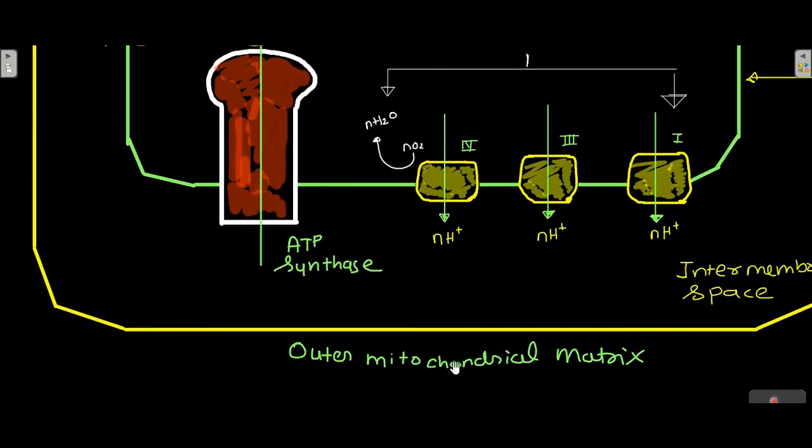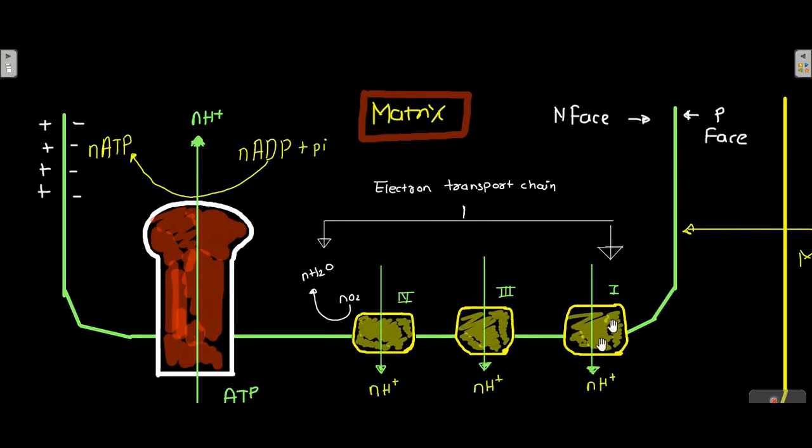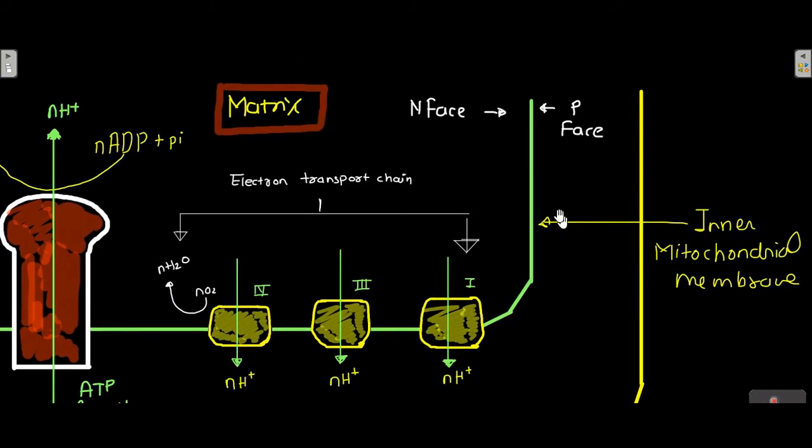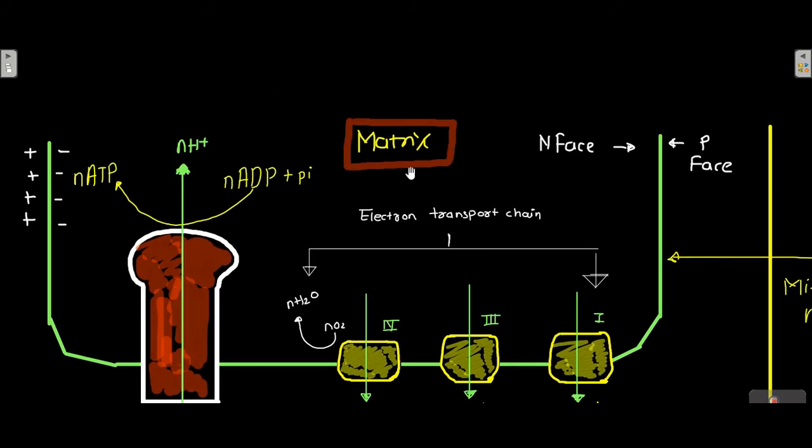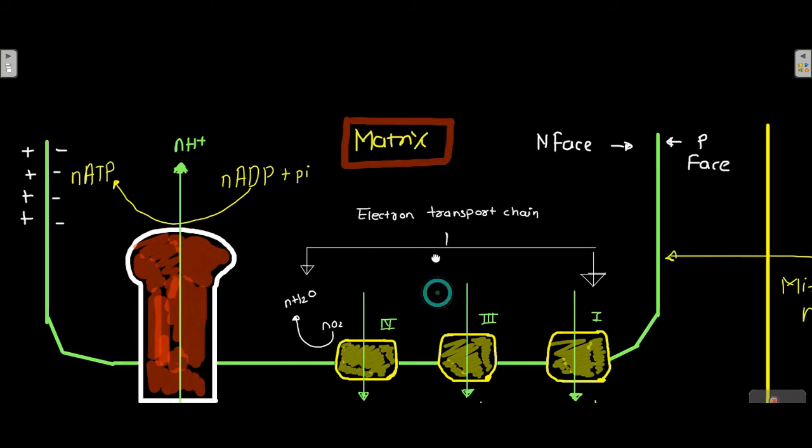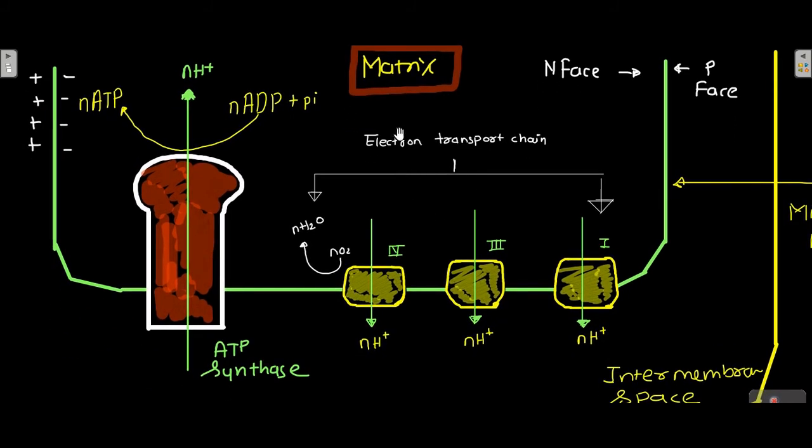This is the outer mitochondrial membrane, this is the intermembrane space, this is the inner mitochondrial membrane, and this is the mitochondrial matrix. The electron transport chain works here, transporting protons from the matrix into the intermembrane space, and the accumulated protons go back into the matrix through ATP synthase, generating ATP from ADP and Pi.